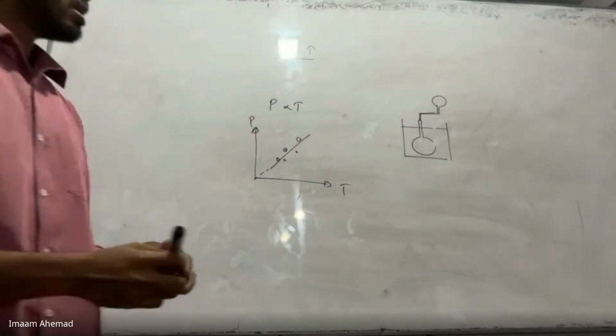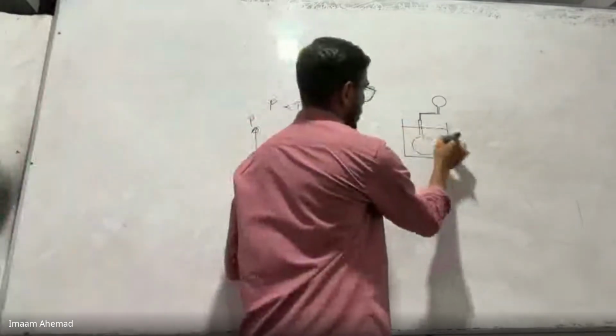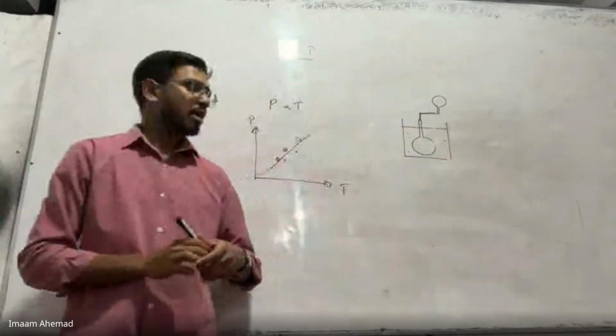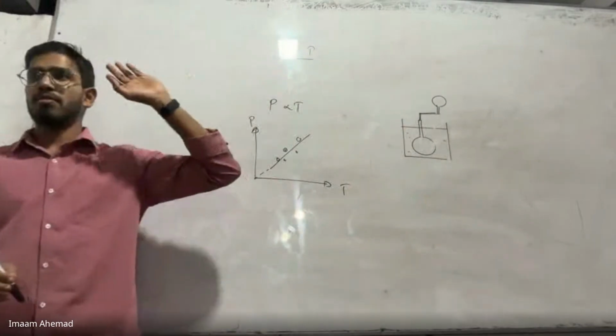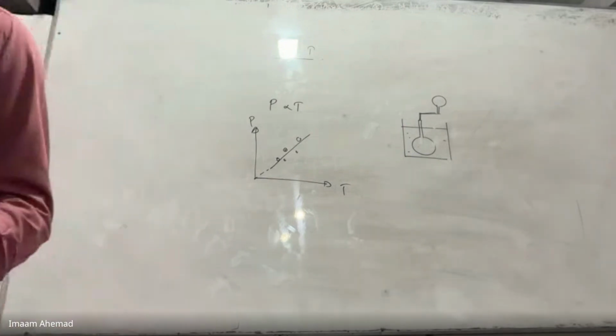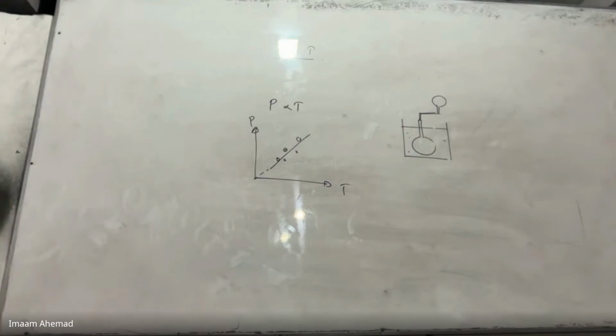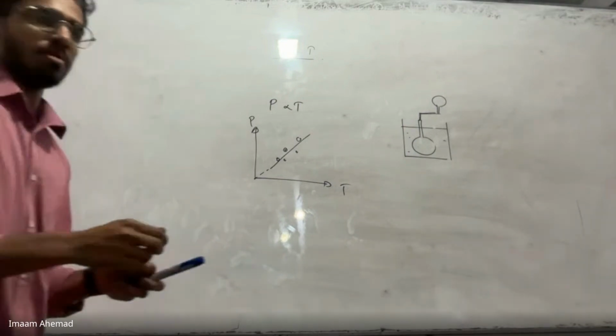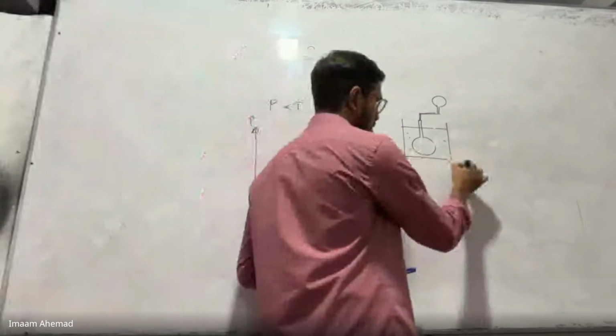Now here, how do we conduct the experiment? We want to measure pressure and temperature. So we can use a Bunsen burner to heat this setup.